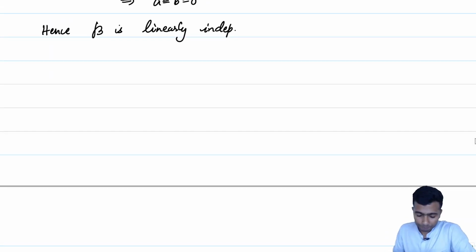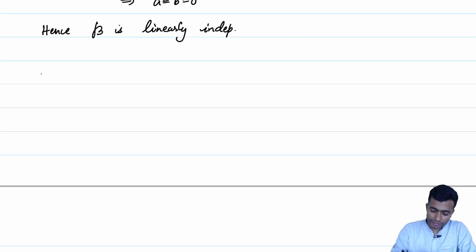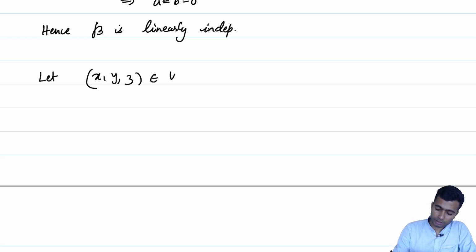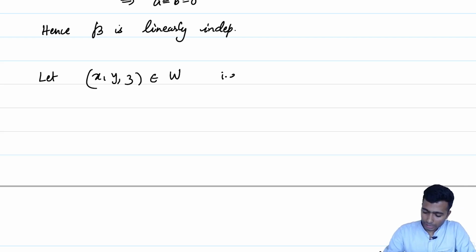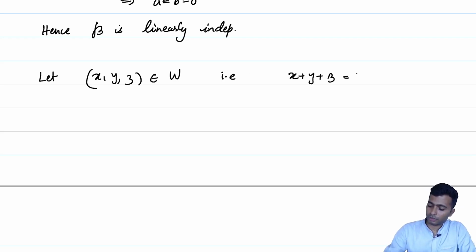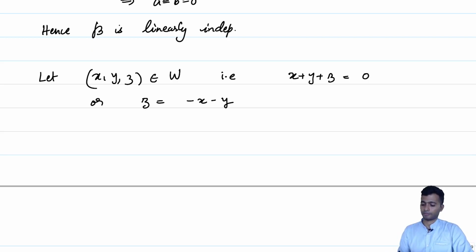Okay, how about the spanning property? So, let us take some arbitrary vector, let (x, y, z) be in capital W. But then what does that mean? That is, x plus y plus z is equal to 0, or let us write z to be equal to minus x minus y.